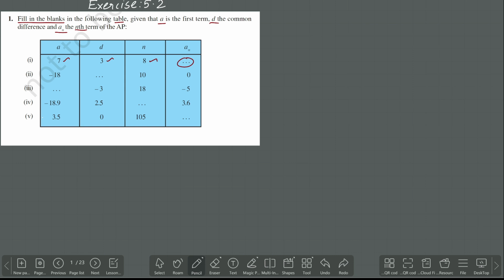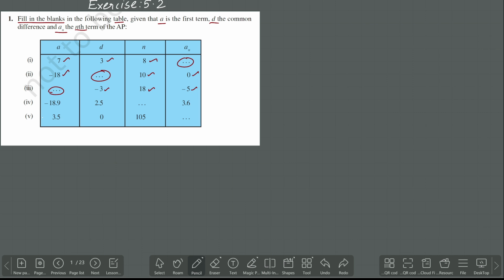That formula we have to use. Here A is given, N is given, AN is given, D we have to find. Same AN formula we have to use. Here A is not given, D given, N is given, AN is given. Then we have to find it using the same AN formula.